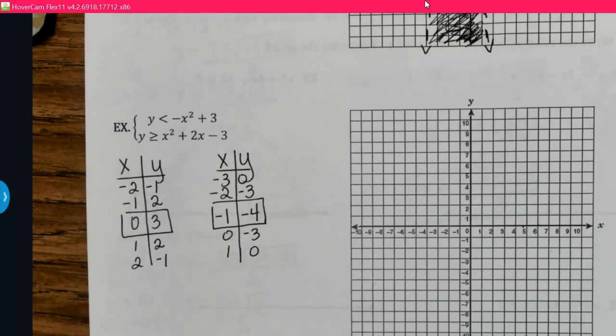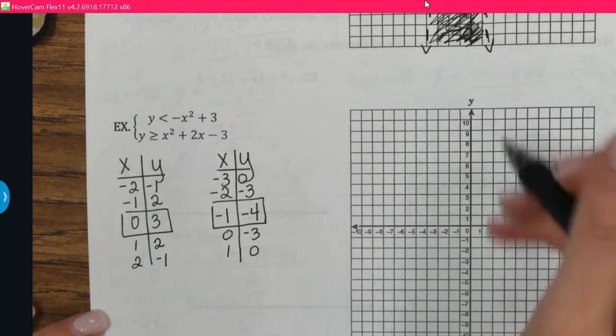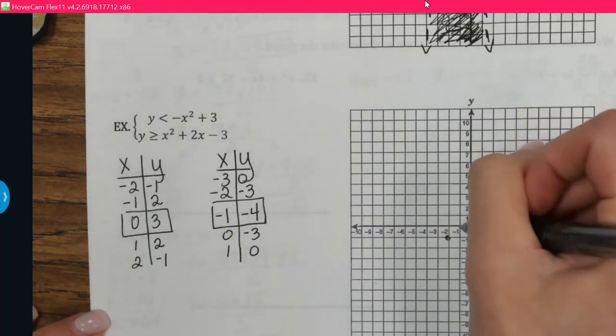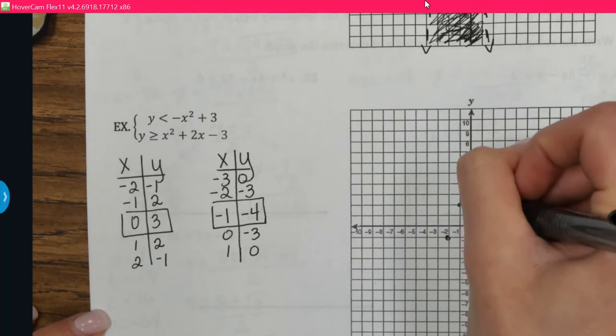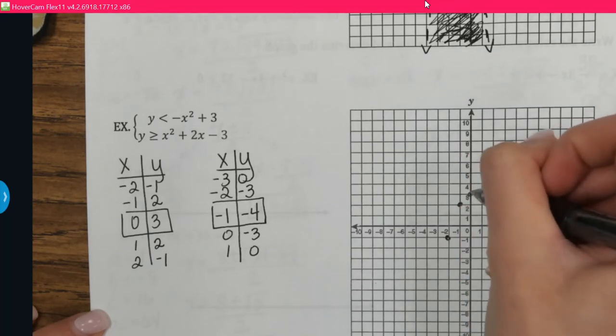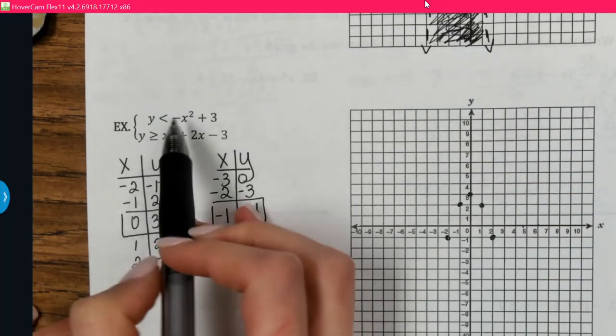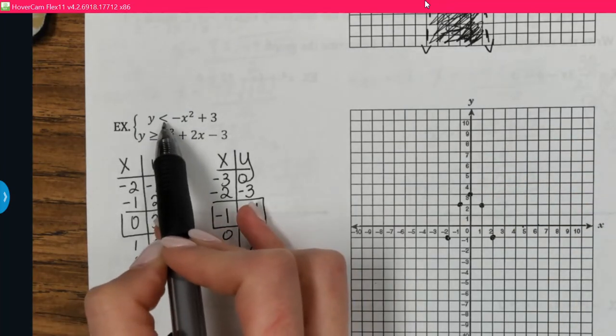So I'm going to graph my first parabola. My first parabola was less than. Is that going to be dashed or solid?